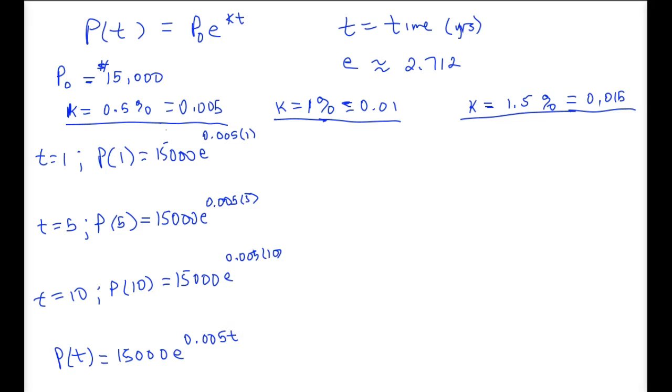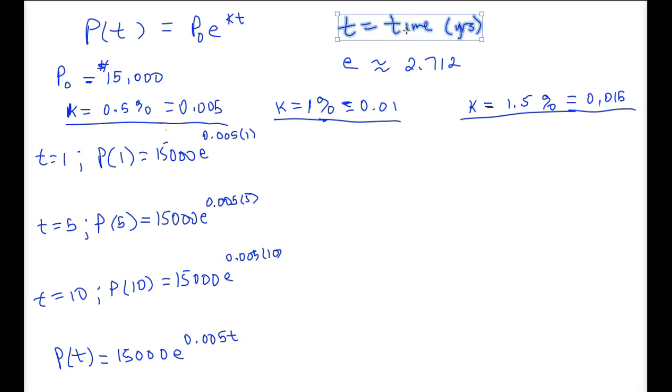And when we go to K equals 1% and K equals 1.5%, we'll change this number right here, but keep everything else the same. So this is what we will be using.